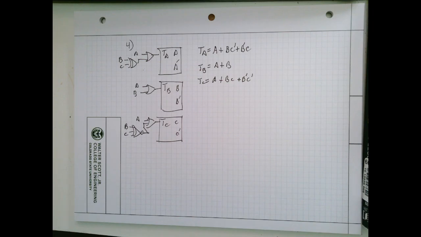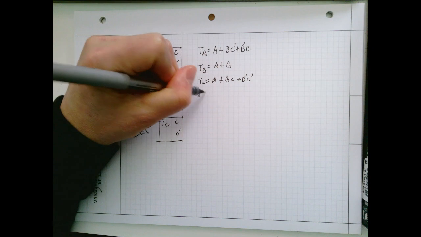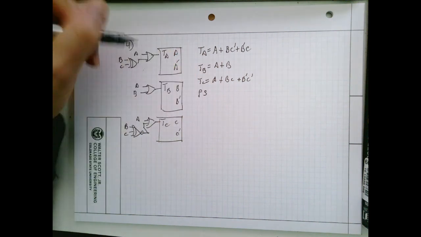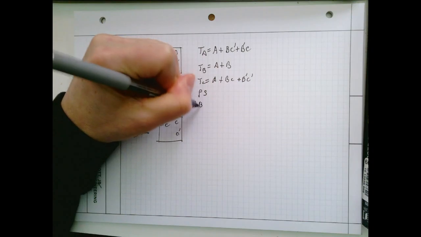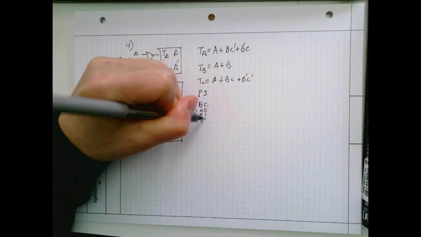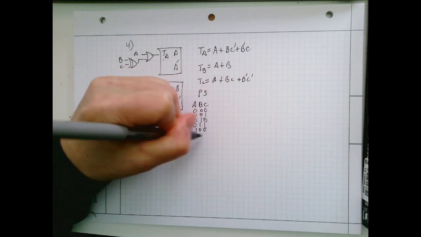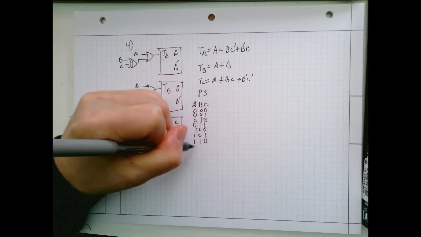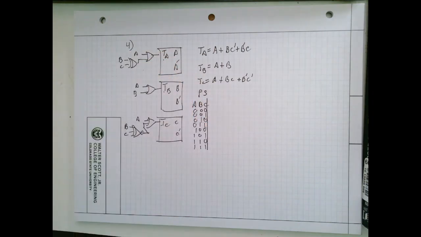Yeah, what do we do now? Yeah, let's do that. So here comes the present state, and it's A, B, C. So I'm going to write down A, B, C. Now what do we do?